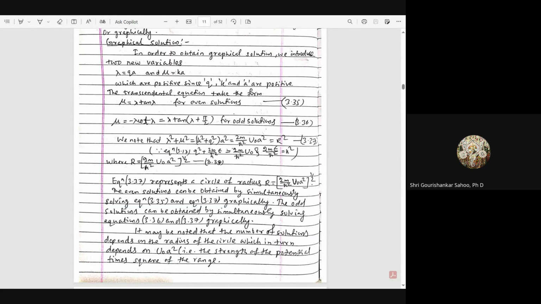And the transcendental equation takes the form mu is equal to minus lambda tan lambda for even solutions, and mu is equal to minus lambda cot lambda, which is equal to lambda tan lambda plus pi by 2, for odd solutions. And lambda square plus mu square is equal to k square plus q square multiplied by a square, which is equal to 2m by h cross square times u0 a square.